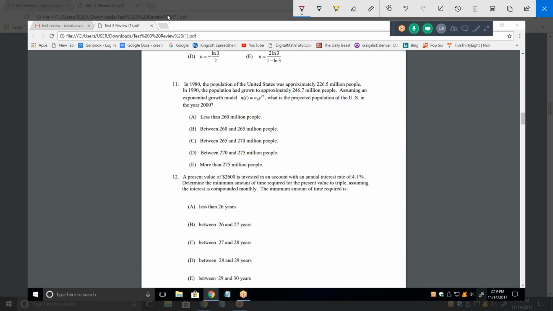Now let's plug in everything. What's N of t? Let's see, it'd be 246.7. I'm going to leave the million off because we're going to have million on both sides. What is N sub 0? 226.5, times e.